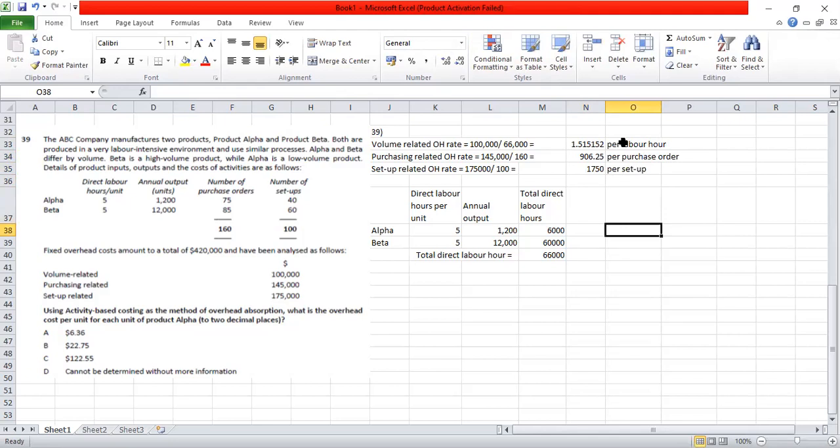Now it's the time for allocating the cost. There are three different costs. So three different items have to be allocated to the products, alpha and beta. Either we put it in this particular horizontal fashion or move it into a vertical fashion, either way it is fine. Since we have followed a format there in the traditional costing, we can continue with this one. One second.